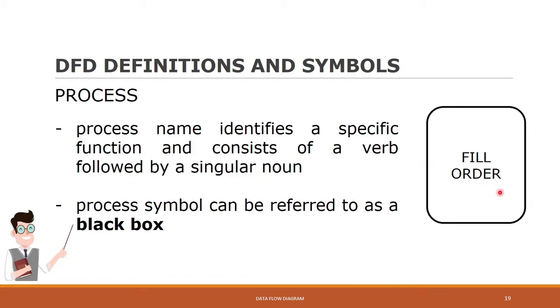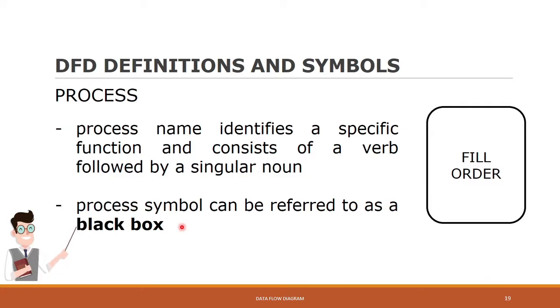So this is an example of a process symbol. You have here a verb and a singular noun. A process symbol can be referred to as a black box because the inputs, outputs, and general functions of the process are known, but the underlying details and logic of the process are hidden. So it is called a black box.